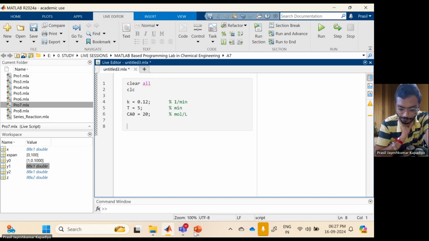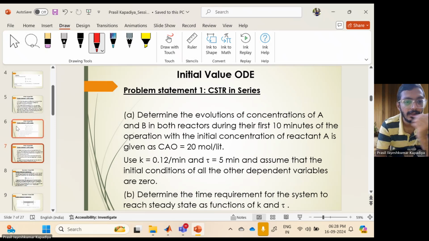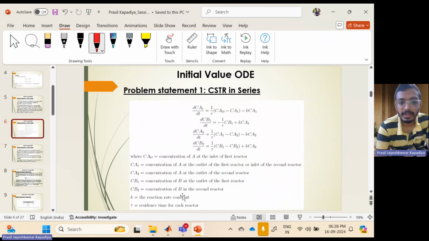Let's write down our equations first here. My first equation is dCA1/dt = (CA0 - CA1)/tau - k CA1, the way it is given; I am just writing it here.